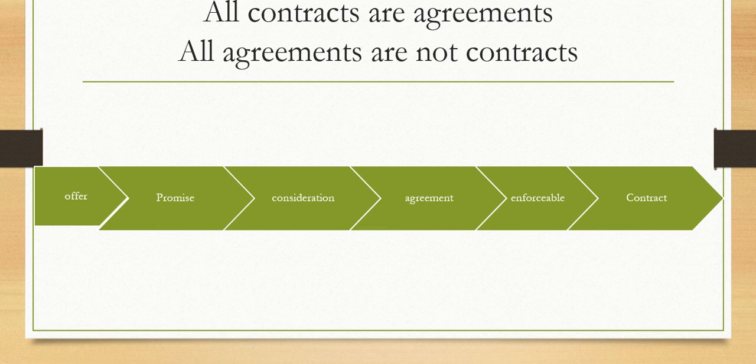So all contracts are agreements, but all agreements are not contracts. To put that in an example, there is a conversation between a father and a son, telling that if the son gets more than 80% in his exam, the father will buy him a bicycle.